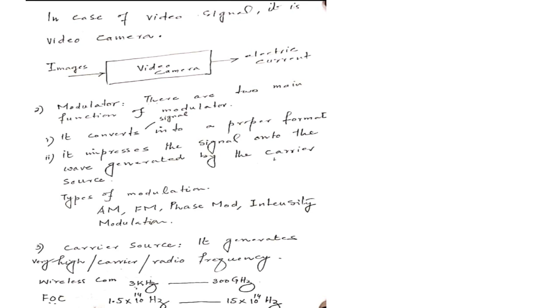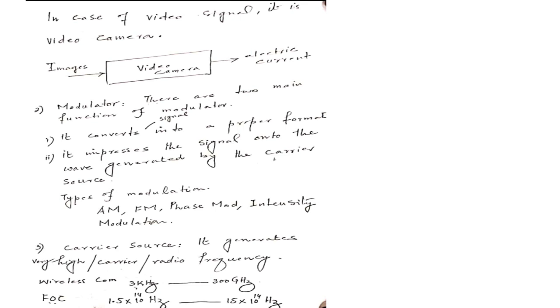We discuss the third minor block inside the transmitter, that is known as carrier source. So what is a carrier source? If we talk about the electronic communication system, the carrier source is an oscillator. It is an electronic oscillator.